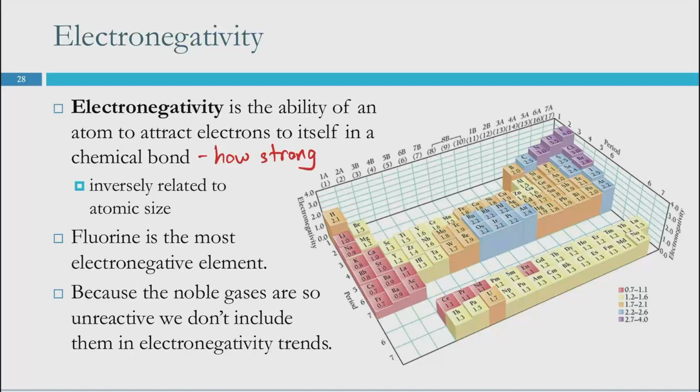So electronegativity is how strongly an atom pulls electrons in a bond would be another way to put it.